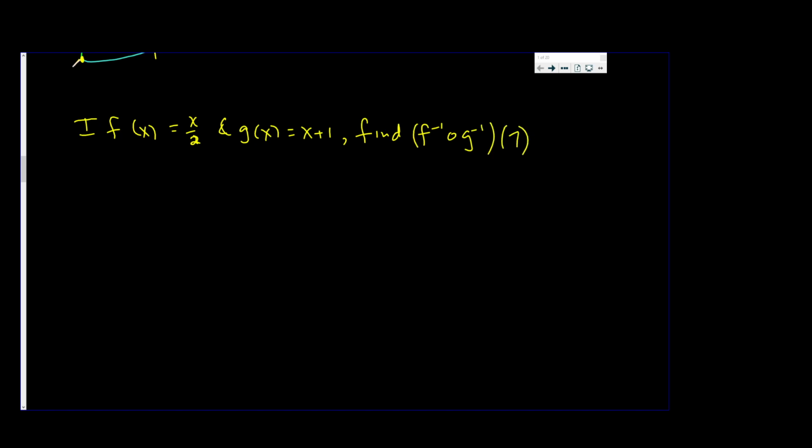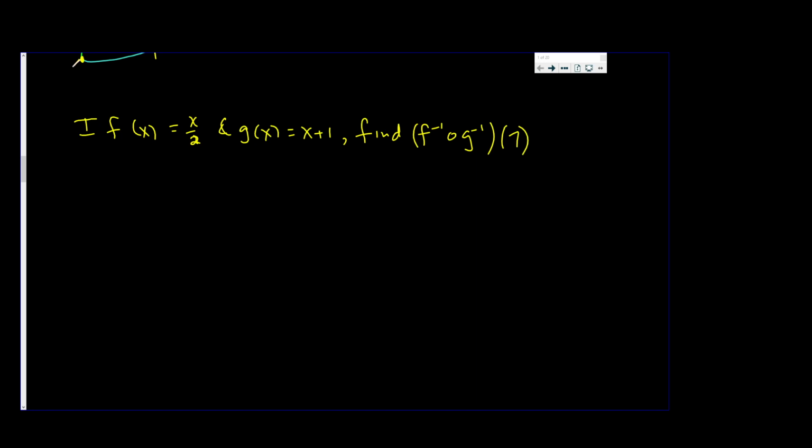Okay, suppose that f of x is x over 2, and g of x is x plus 1. Well, those are not inverses. But the instruction is to find f inverse circle g of 7.